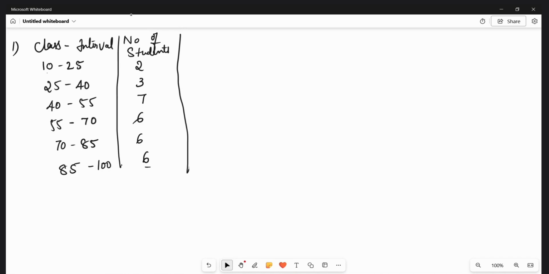So the number of students is the frequency. So the total number of students, how many are there? That will be the total of all these. If you add them, how much will you get? 6 threes are 18, 18 plus 2 is 20, and you will get 30. So the total number of students, the sum of the frequencies, is equal to 30.